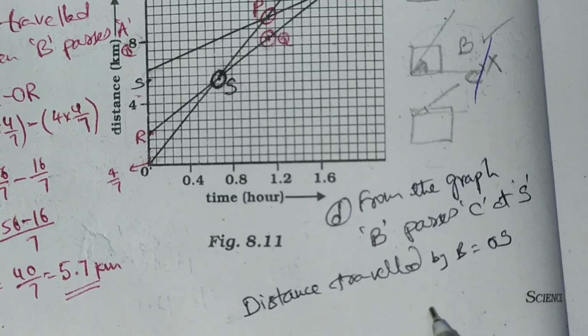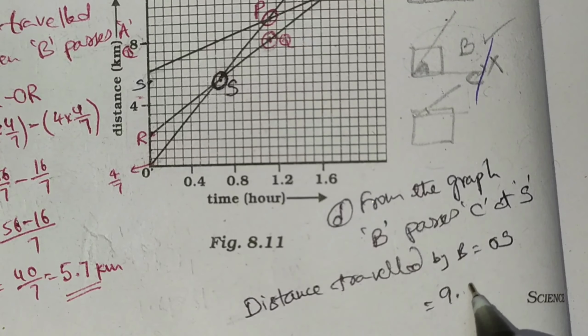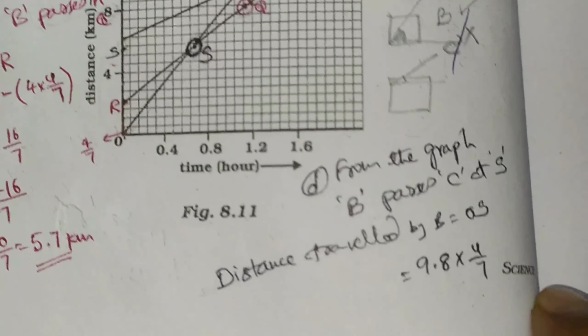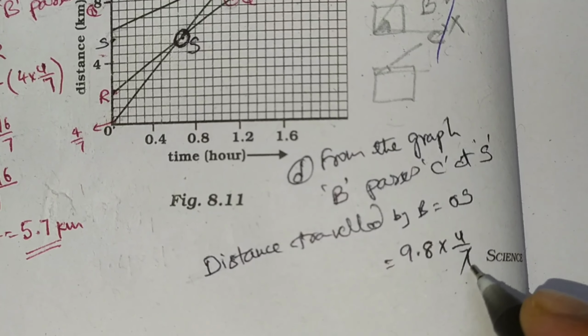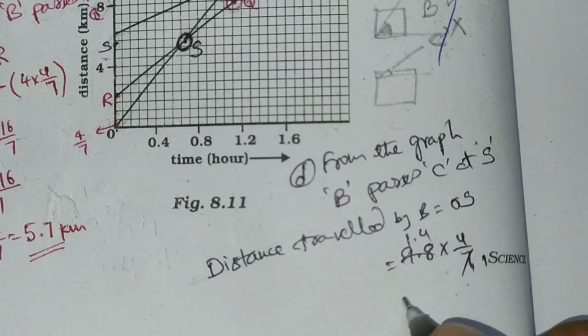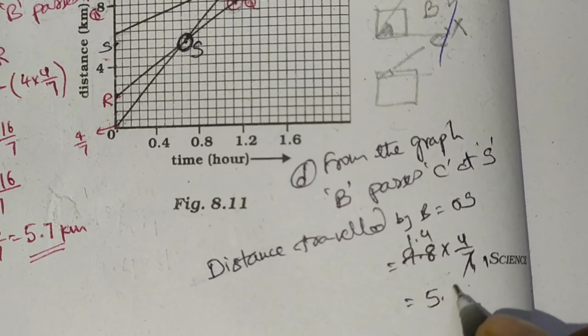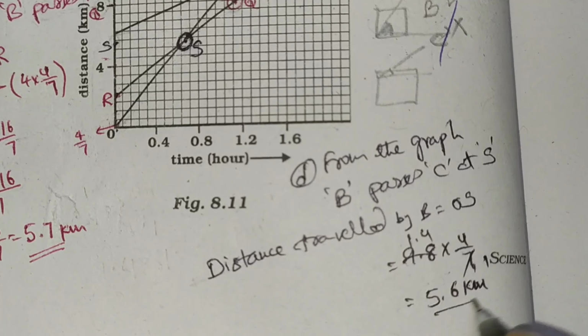So let us take it as, for example, 9.8, our simplification also will be easier. 9.8 times 4 by 7, each block is 4 by 7. So let us simplify here. This is 7 1s are 7 and 1.4 into 4, that is 5.6 kilometers.